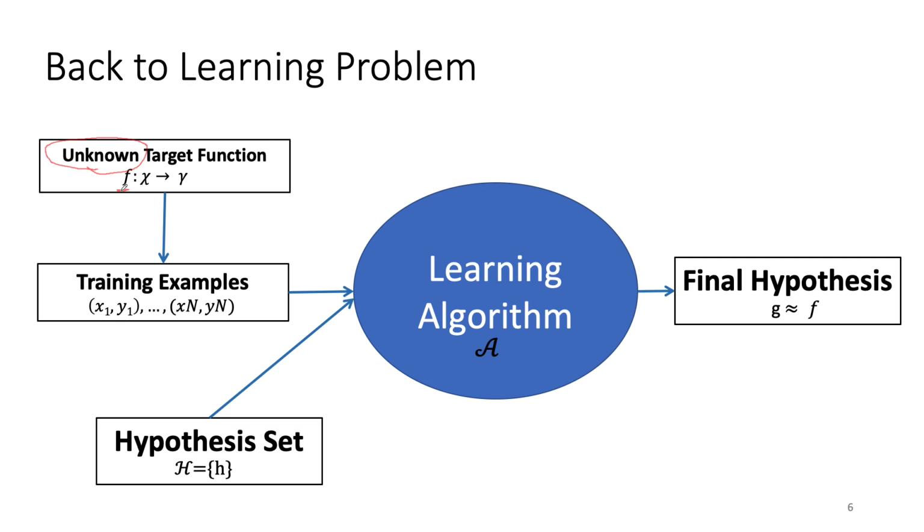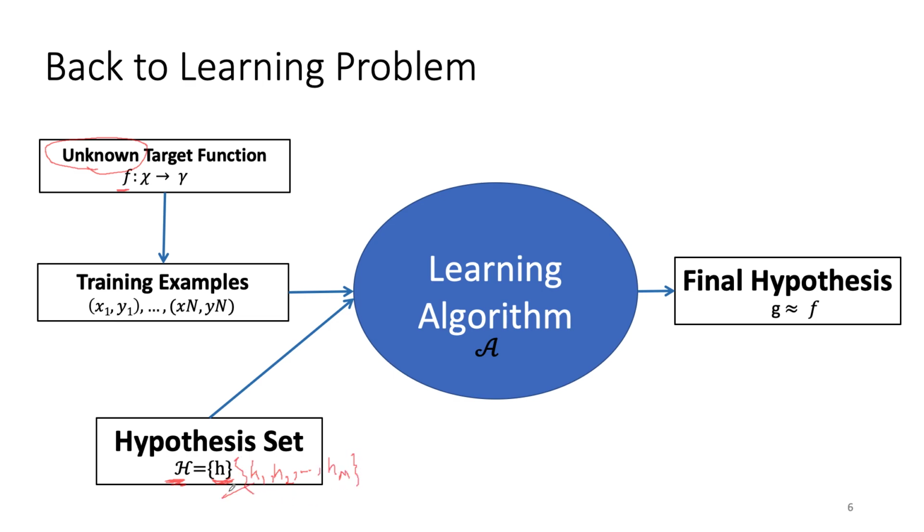We wanted to learn something from training examples, and we wanted to pair a hypothesis set containing all these h's, so h1, h2, up to hm.